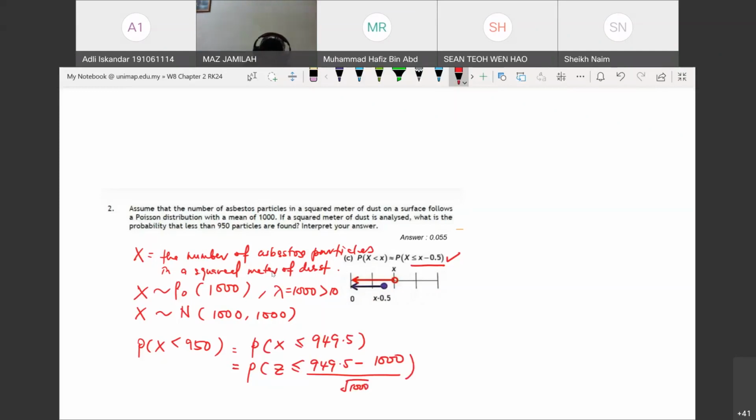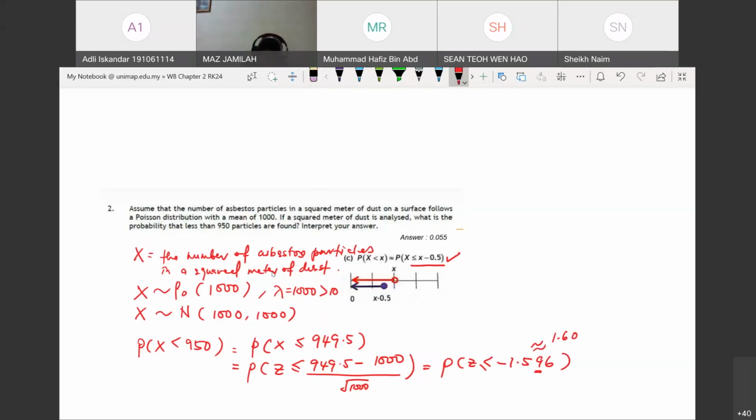So you will get P(z less than or equal to negative 1.596). We approximate this to 2 decimal points, since this is 9, so it becomes negative 1.60.